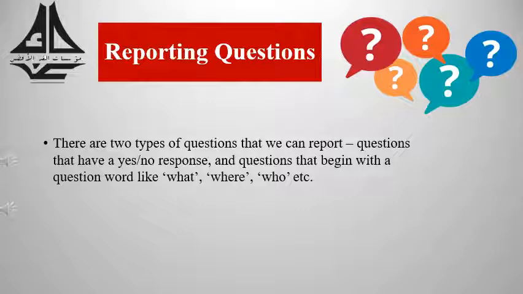Reporting questions, or how to report questions. In other words, how to change from quoted to reported if we have questions. First of all, we have two types of questions: the yes/no questions and the WH questions.